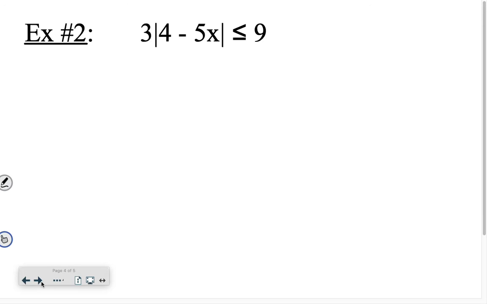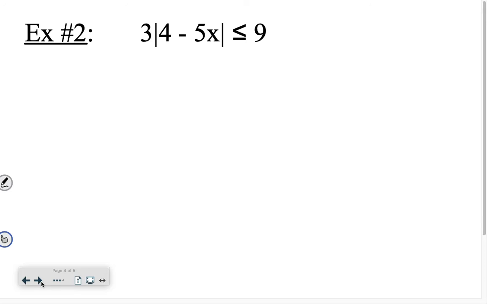So on this one, what do you think we do first? Yeah, remember we said we have to isolate. I'm going to bring this up because it happened in the other class. We cannot immediately go directly to equal to 9 or negative 9. That only works when we've got the absolute value by itself.